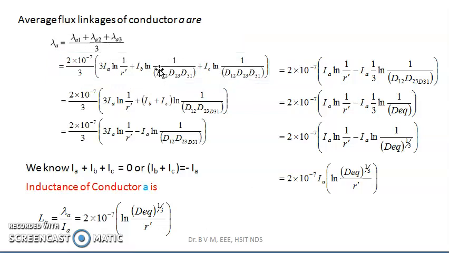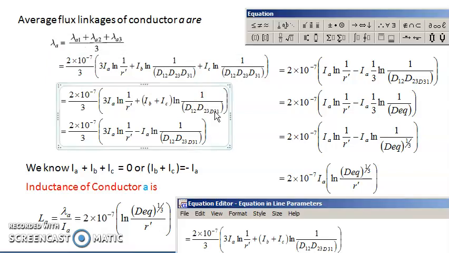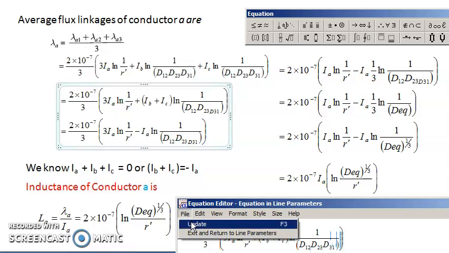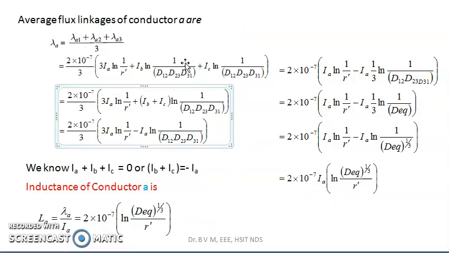So here this term is common, and I have taken this term common.